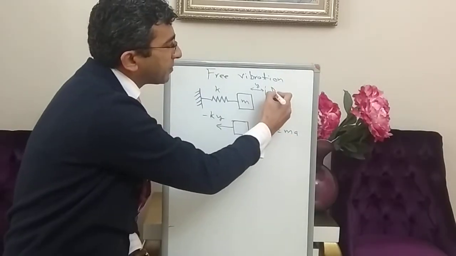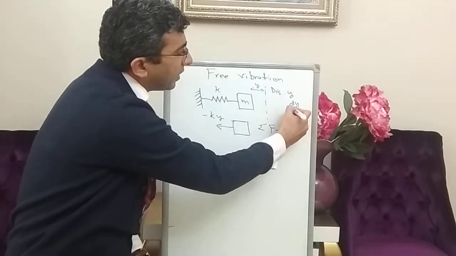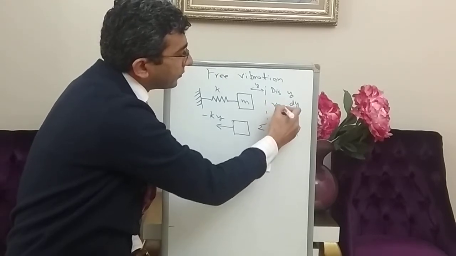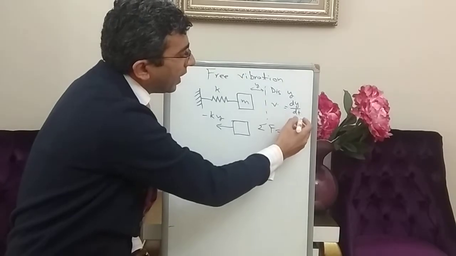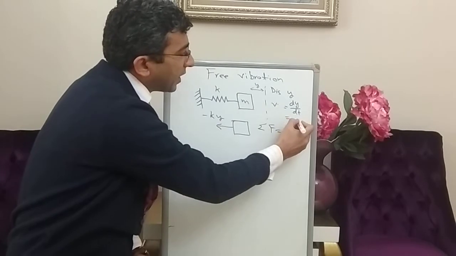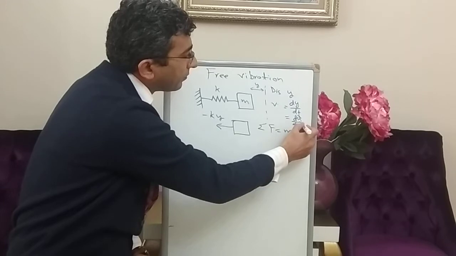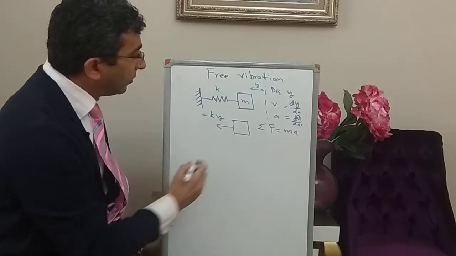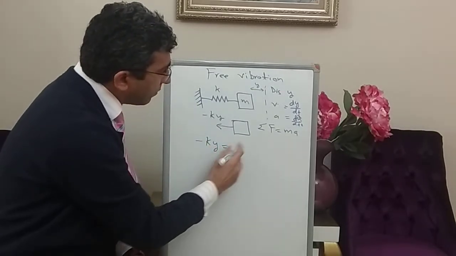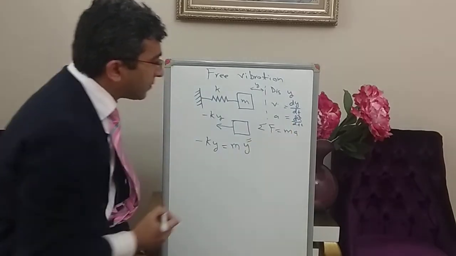If I call the displacement y, the first derivative of the displacement with respect to time is the velocity v, and the first derivative of the velocity with respect to time gives you the second derivative of the displacement with respect to time, which is the acceleration. So I have only one force, minus Ky, is equal to m times a, which is y double prime, the second derivative of the displacement, the acceleration.